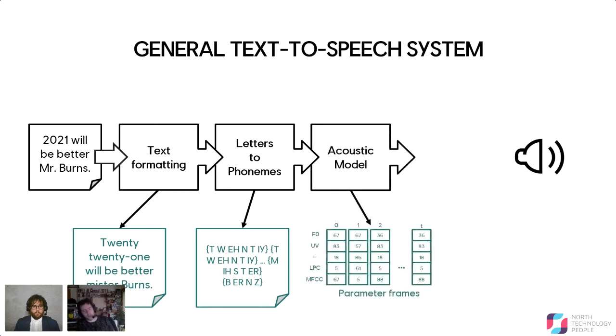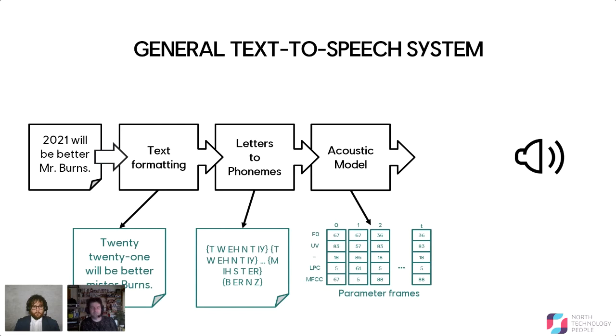And then you have an acoustic model. The acoustic model is in charge of reading these phonemes and transforming them into a series of parameters. Usually they are equally timestamped, and those parameters can be, not everything, but before you usually had pitch, voiced/unvoiced marker, or sometimes LPC coefficients, and at some point MFCCs.